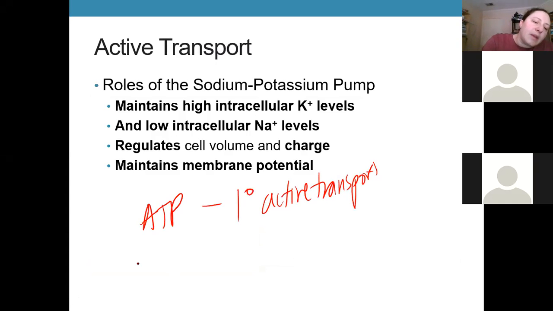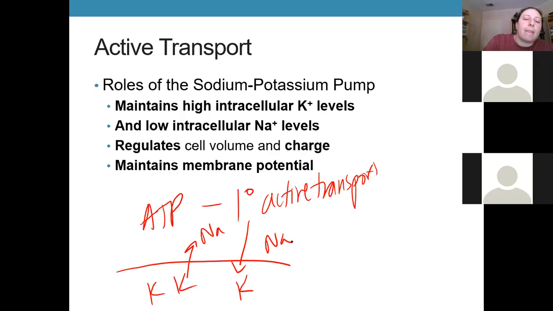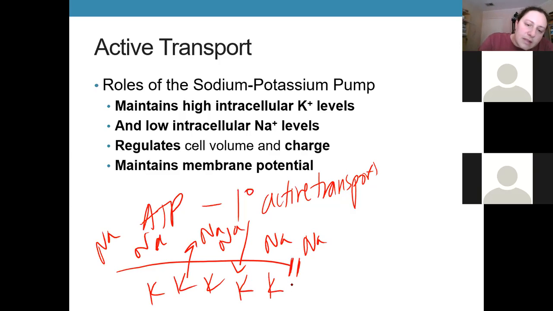And it's pumping sodium out of the cell and potassium in because we want lots and lots of potassium in the cell and lots of sodium outside of the cell. And there's always going to be more sodiums getting pumped out than potassiums pumped in. And there's typically these little always open leak channels allowing a little bit of potassium to trickle back out.